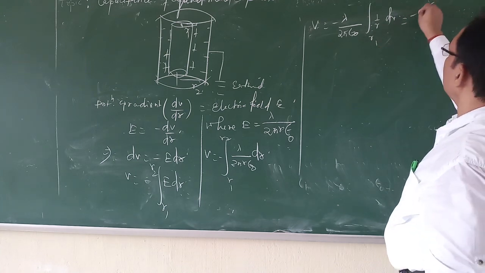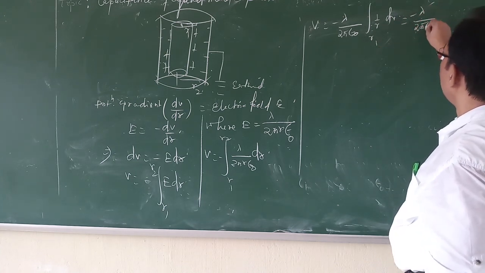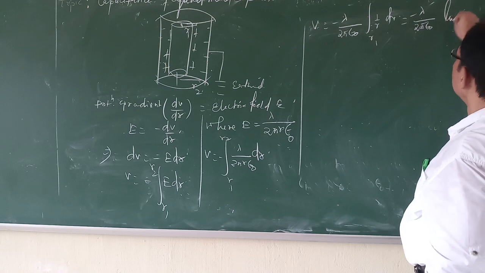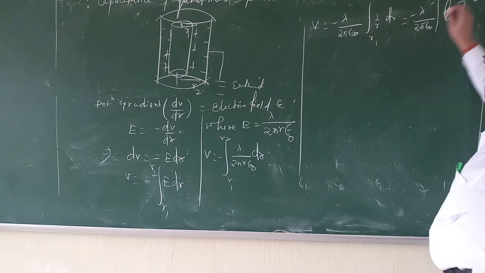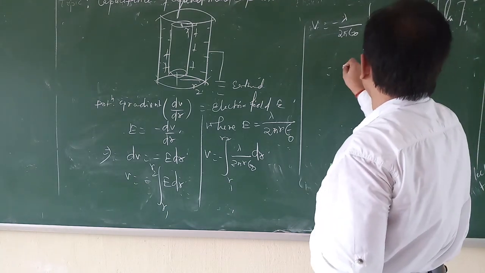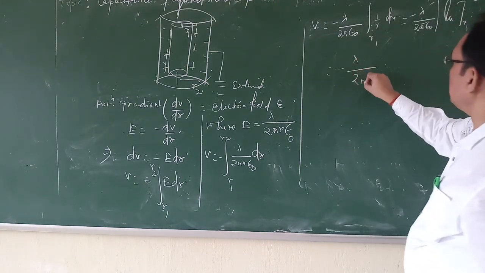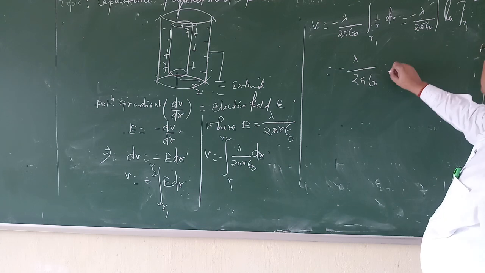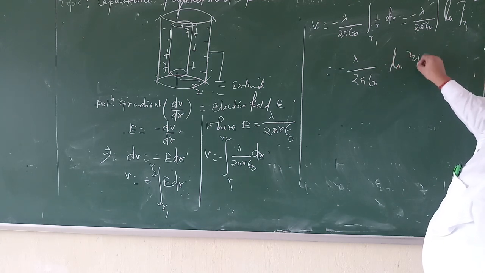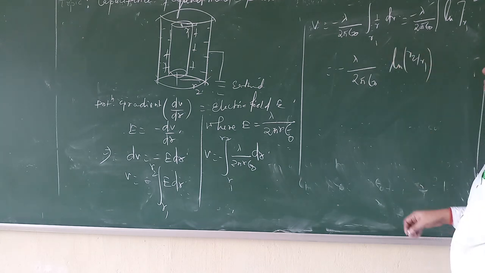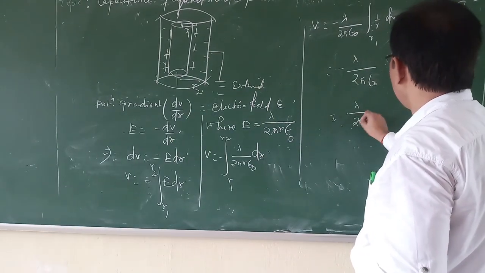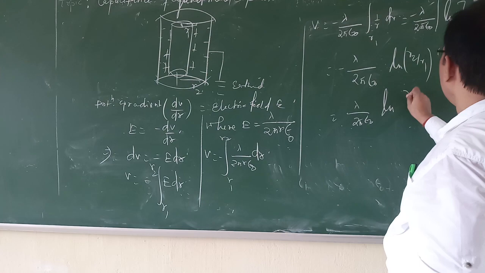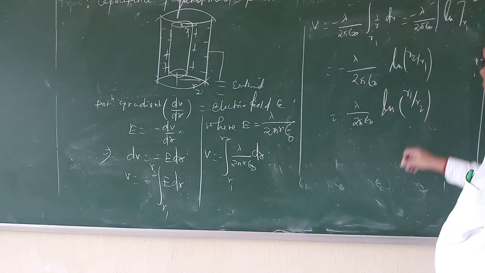So this is equal to minus lambda by 2 pi epsilon naught, and this is ln from r1 to r2. So that value is minus lambda by 2 pi epsilon naught ln r2 by r1. If you put the minus inside, that becomes lambda by 2 pi epsilon naught ln r1 by r2.